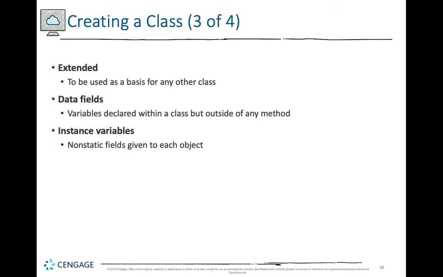Non-static fields, this is important because I brought this up last time. If a method is static, it's treated on the class level. If the method is not static, it's treated as an instance method, meaning you have to instantiate the class as an object in order to access that method.